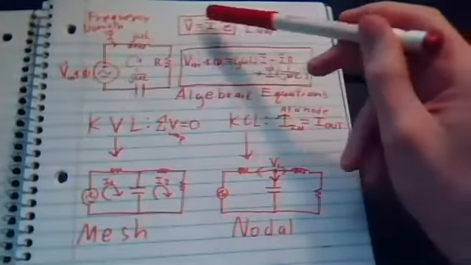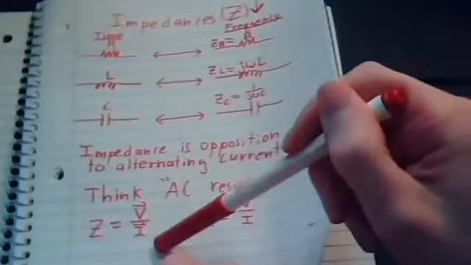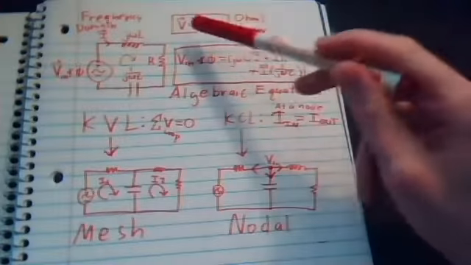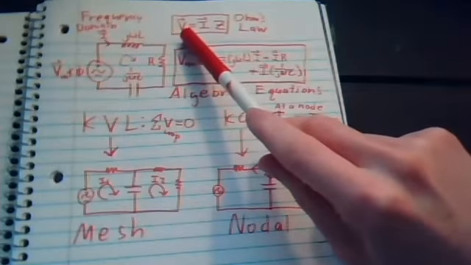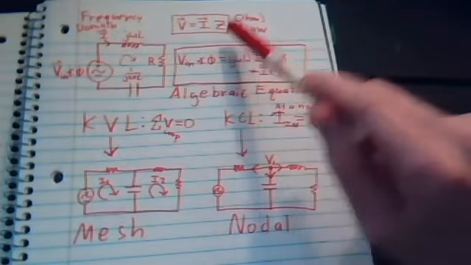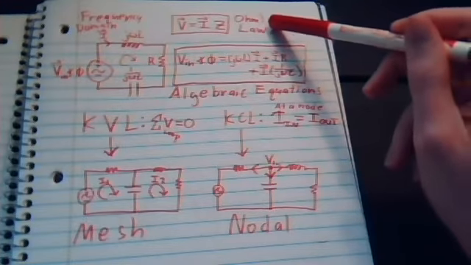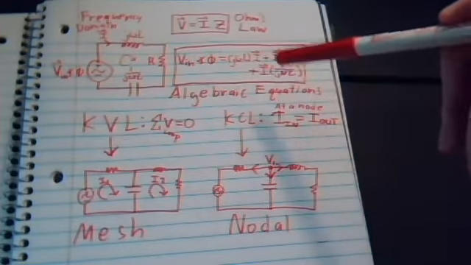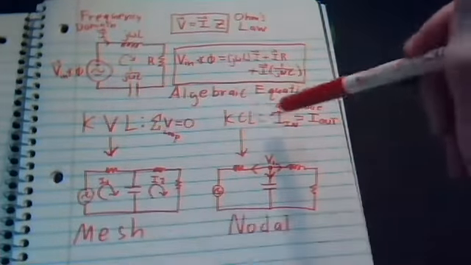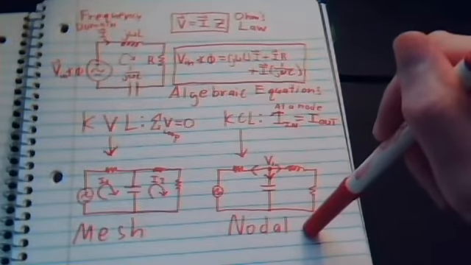This is because that impedance relationship, that Z is equal to V over I, enables the use of Ohm's law, because we can manipulate that to say that the voltage in an AC circuit is equal to the phasor current times the impedance. And because we have access to Ohm's law, we also have access to all of our other DC analysis techniques. We have access to Kirchhoff's voltage law and mesh analysis that stems from there. We have access to Kirchhoff's current law and nodal analysis, which stems from there.